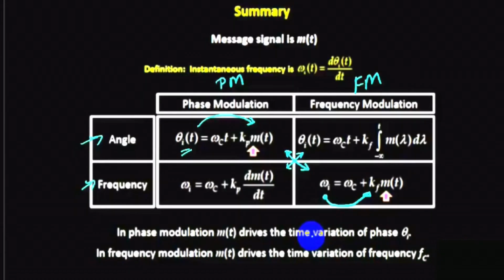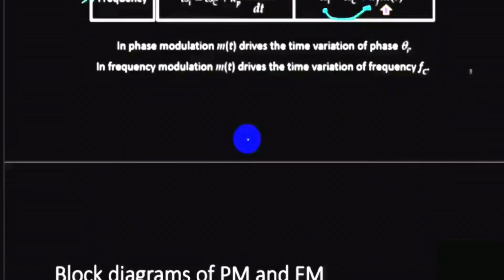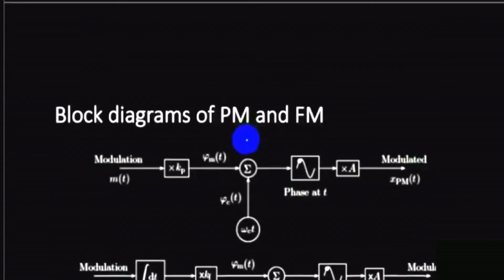Specifically, when we are mentioning phase modulation, let us start with the message signal m of t. So you can observe that the message signal is being multiplied with a constant which we call Kp. This is a sensitivity constant. So if we are plotting a block diagram, we have a message signal that is multiplied with a constant Kp.